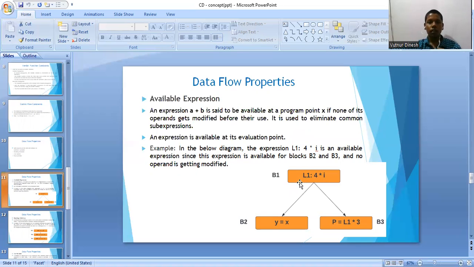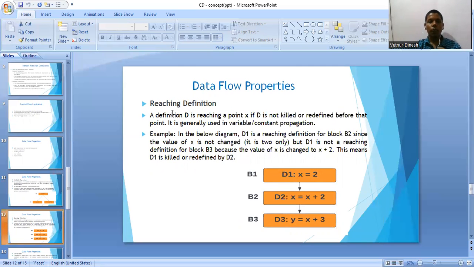As we can see in the figure, block B1 contains the expression L1 = 4 * i, in block B2 Y is a reference to X, and in block B3 the value L1 is multiplied by 3 and stored in variable P. So here the available expression is in B1, since it is available to evaluate for blocks B2 and B3.